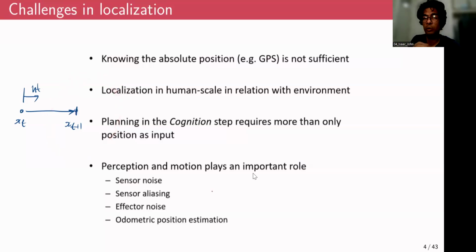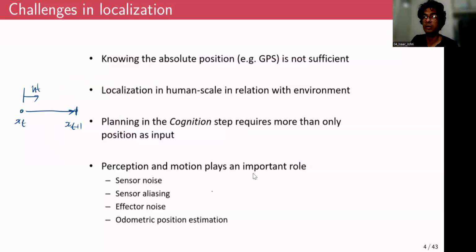Because as you know, you cannot really fully rely on the encoders, right? If your wheel is slipping, the encoders would still give you a large amplitude, but the robot won't be moving any further because the wheel is actually slipping on the ground.